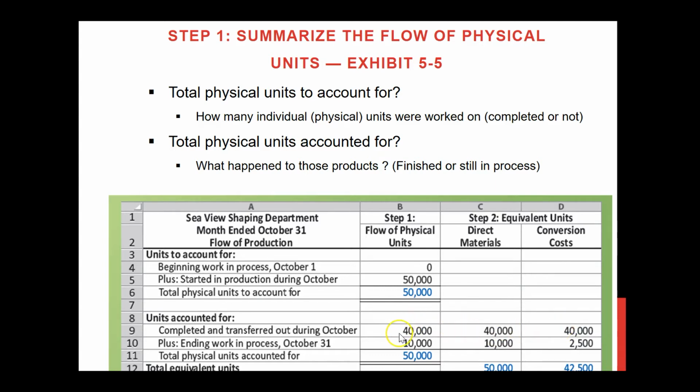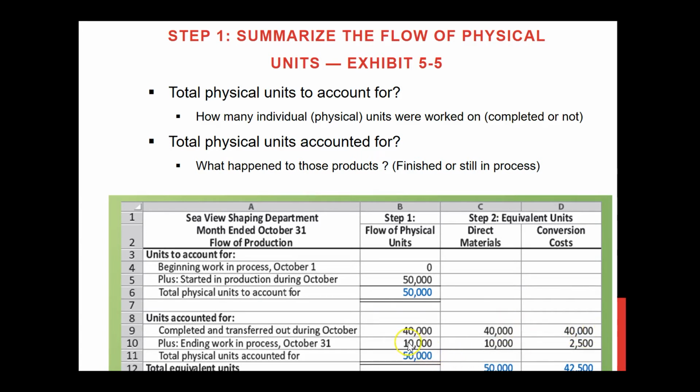So for these completed 40,000 units, we consider the entire 100% for direct material and for conversion cost, because 100% of the production process is done, and we spent 100% of direct material cost and 100% of conversion cost.